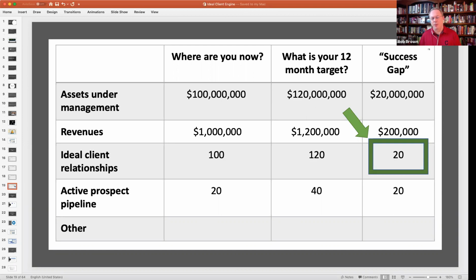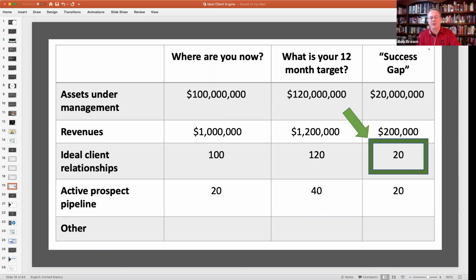I just did really simple math here. So this is just 20 $1 million clients. But this is a really important exercise that I insist all of my clients go through as we begin to work together, because I really want to know where you are now and where you would like to be and what the difference is. And then we also look at that in terms of pipeline.